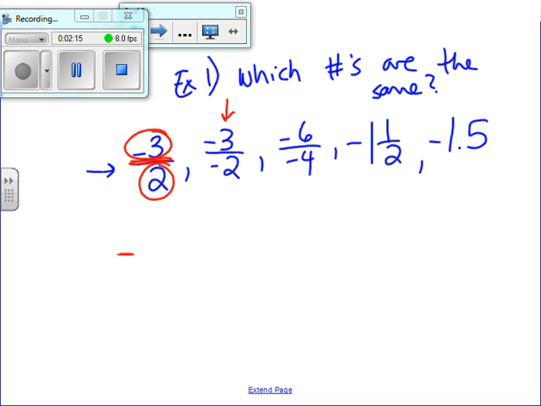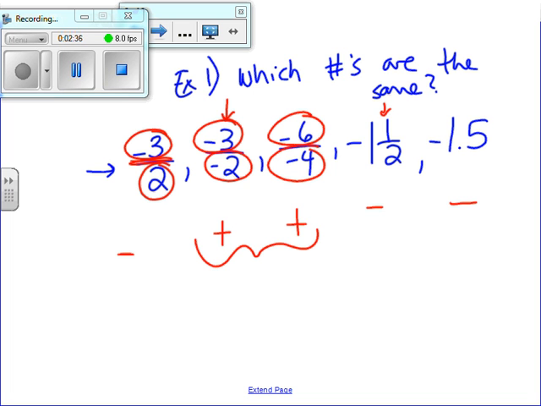This one right here has a negative divided by a negative, and I know that always comes out as a positive. This one over here has a negative divided by a negative, so that's going to come out positive. This whole thing right here is negative, and so is this. So right off the bat, I know these two are different. I need to check how different.